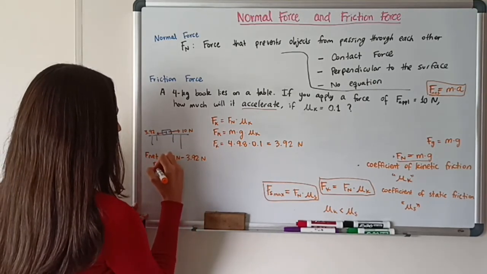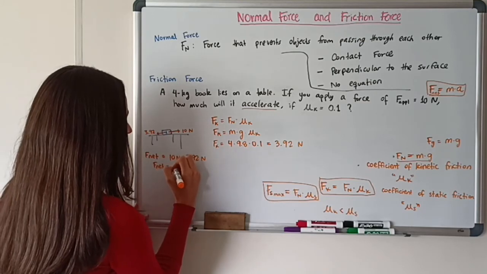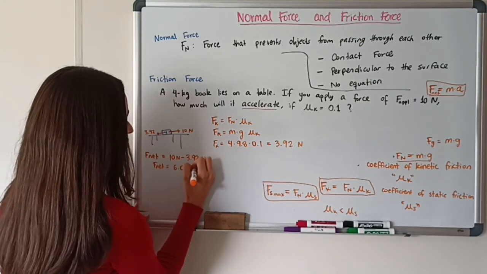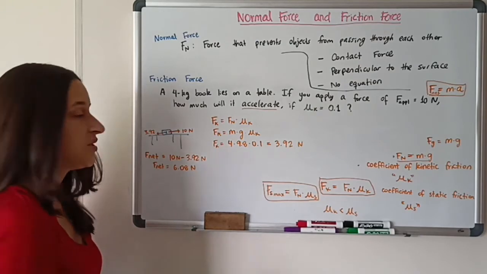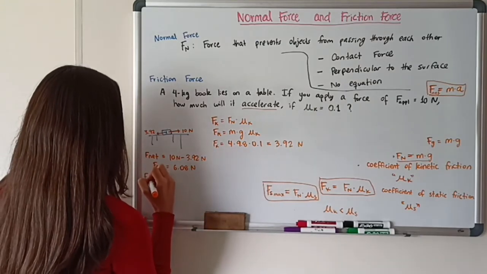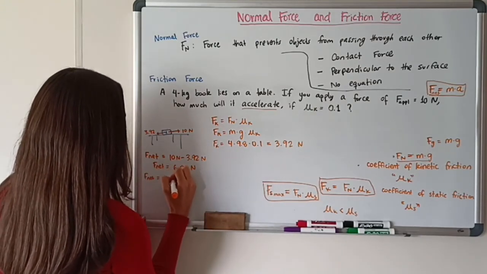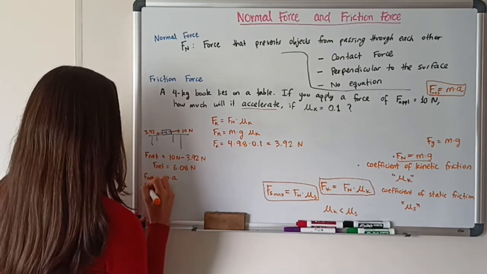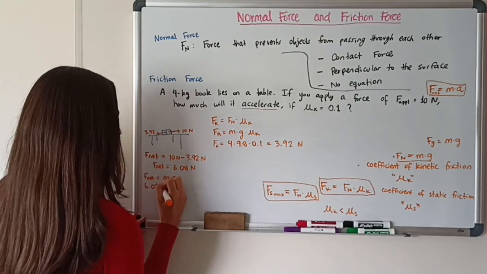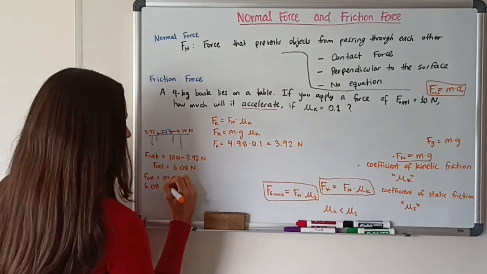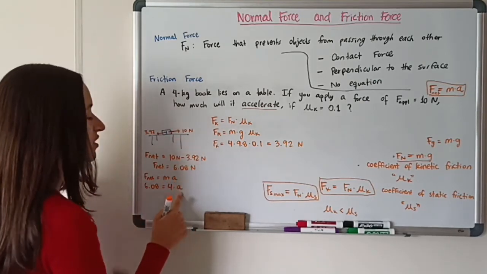This is going to give us a net force of 6.08 newtons. And now you can put this into that equation. So our equation is F net equals mass times acceleration. F net is 6.08. Our mass is 4, and acceleration is what we're trying to solve for.